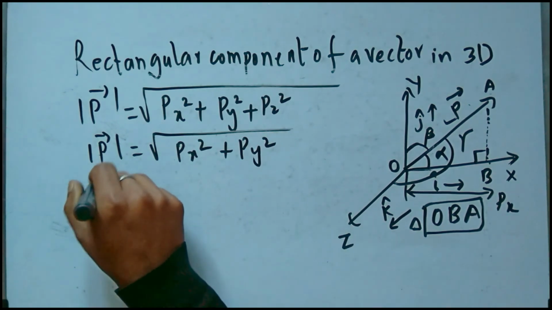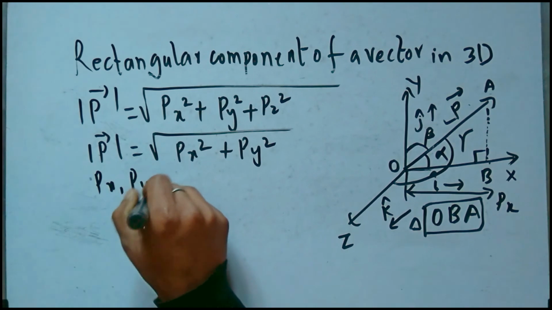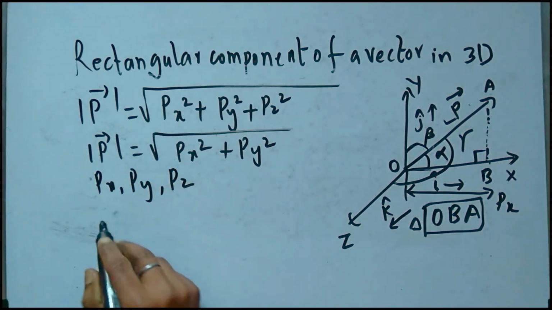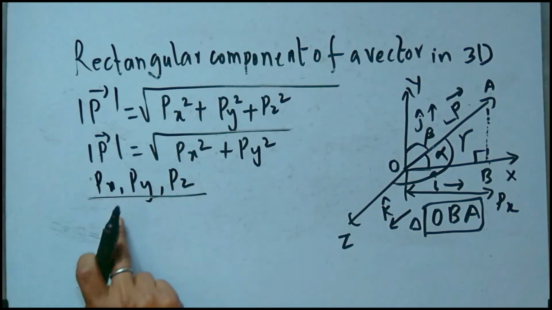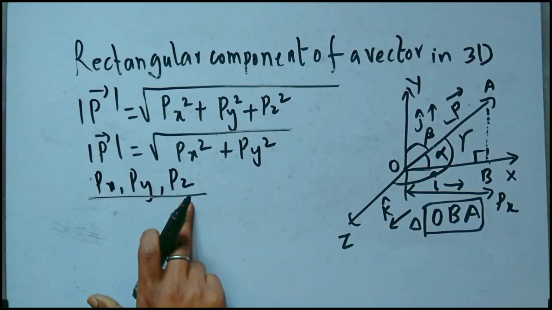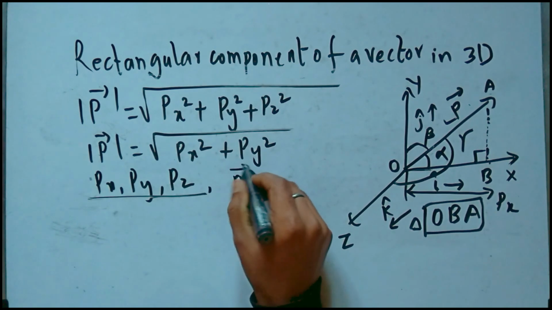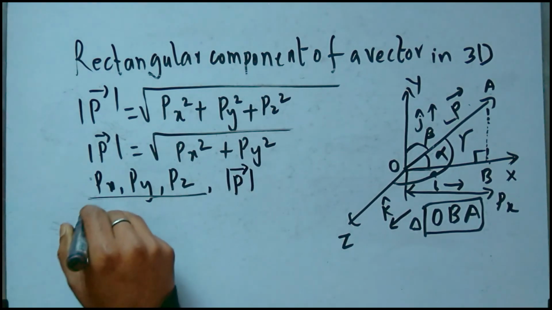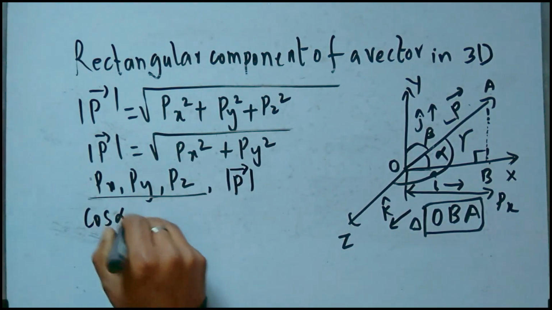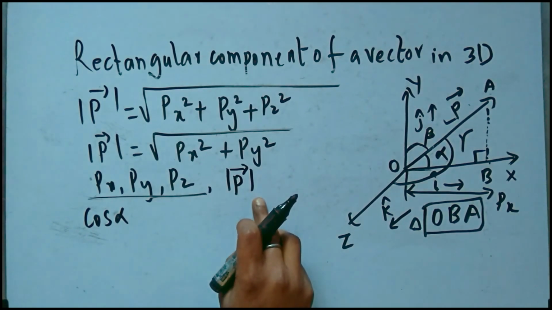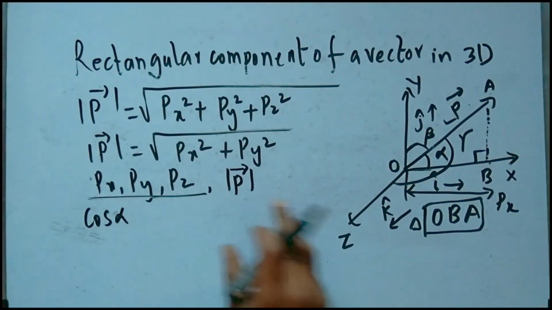Similarly, if we know Px, Py and Pz, that is, the components in x-axis, y-axis and z-axis, and if we know the magnitude of the vector, then we can find the angle made by the vector with x-axis, y-axis and z-axis.